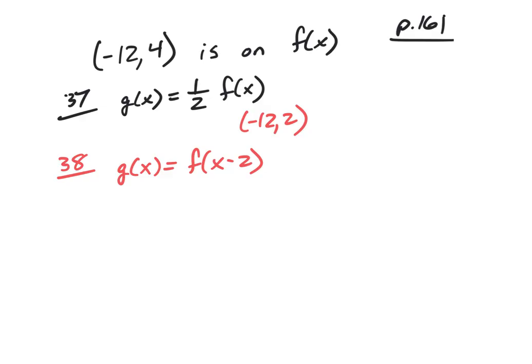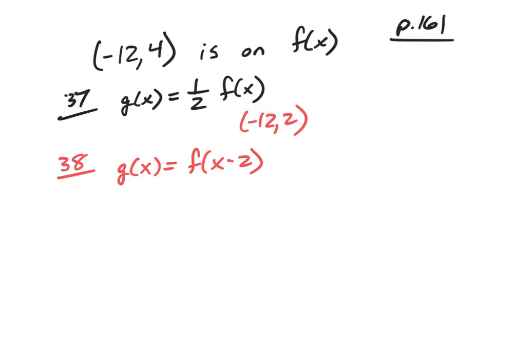Okay, and here's the one we got to be really careful of, right? Because with a minus sign we do think left, right? But when it's on the inside, it's always going to be the opposite. If it was on the outside, we're gonna go up or down, but when it's on the inside, we're gonna go left or right, opposite. So here, we're actually gonna go right 2. And if I moved this point right 2, what value is gonna be changing? The x, okay?